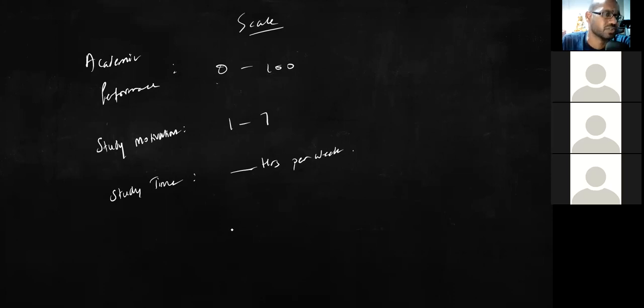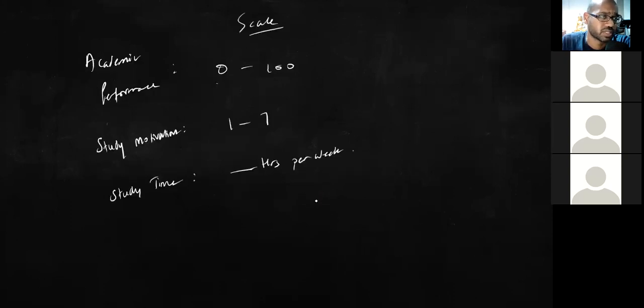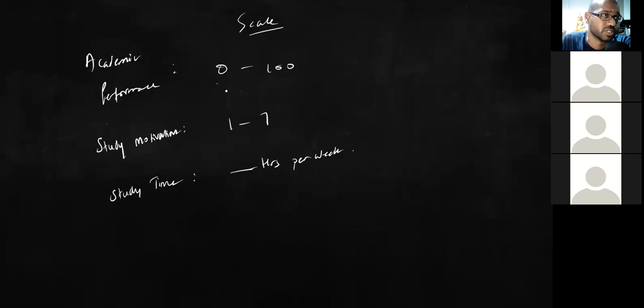So that's how the variables were measured. Again, we have those 3 variables. The dependent variable here is measured on a scale of 0 to 100. It's numeric, so we know we're all good. Here we have a Likert scale, 1 to 7, so you can imagine that it was a multiple item scale. Motivation was measured using multiple items.